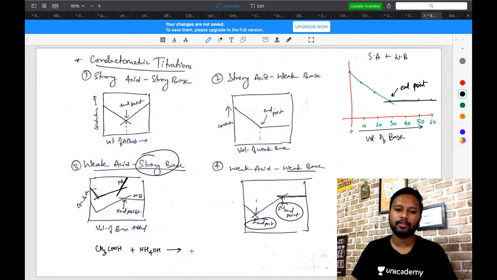So what are they going to give you? They are going to give you CH3COO minus and NH4 plus, and along with that you will get water.